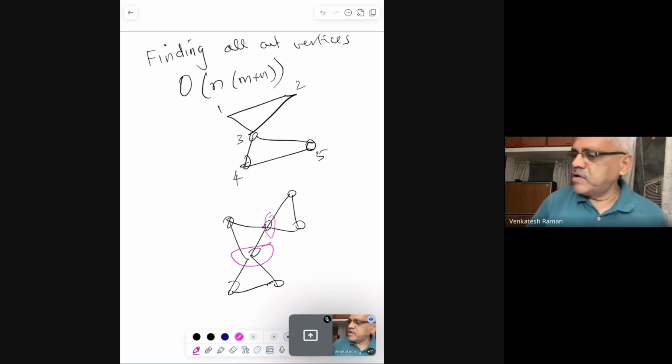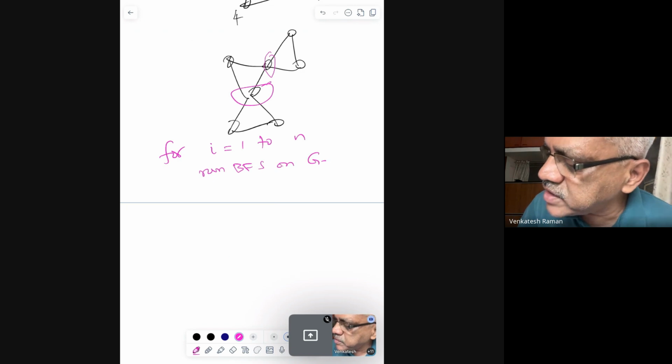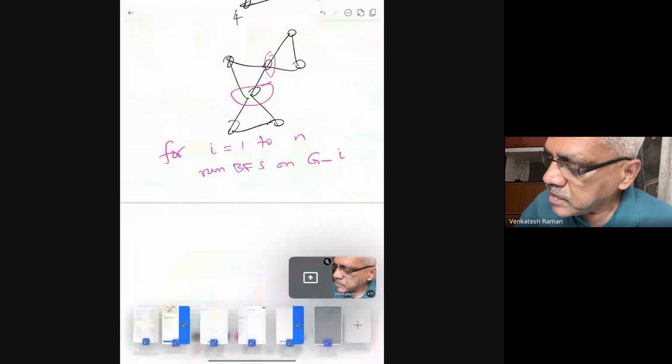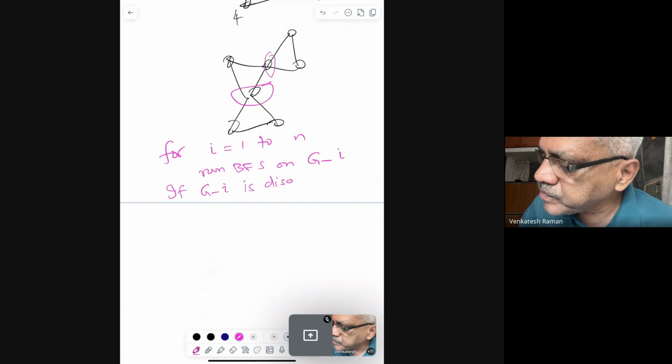The algorithm would be: for i going from 1 to n, run DFS on G minus i; if G minus i is disconnected, output i as a cut vertex. That's it.